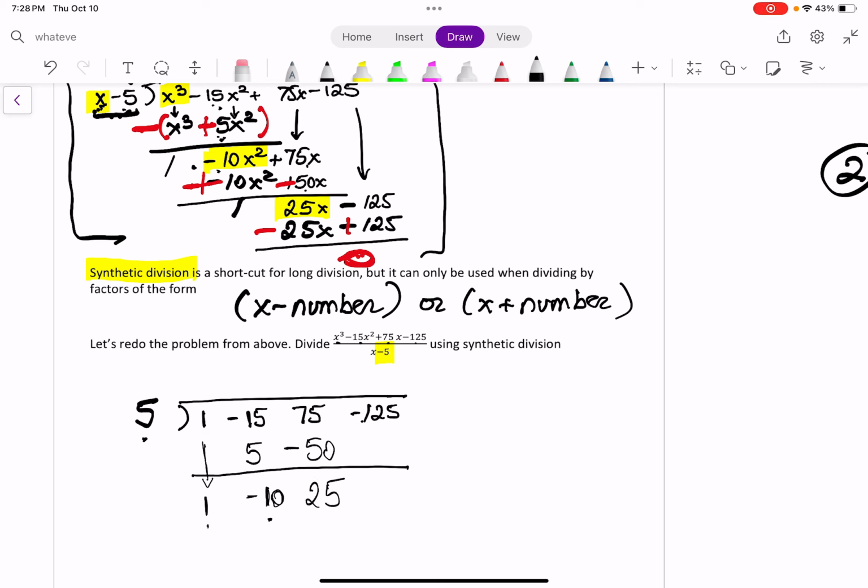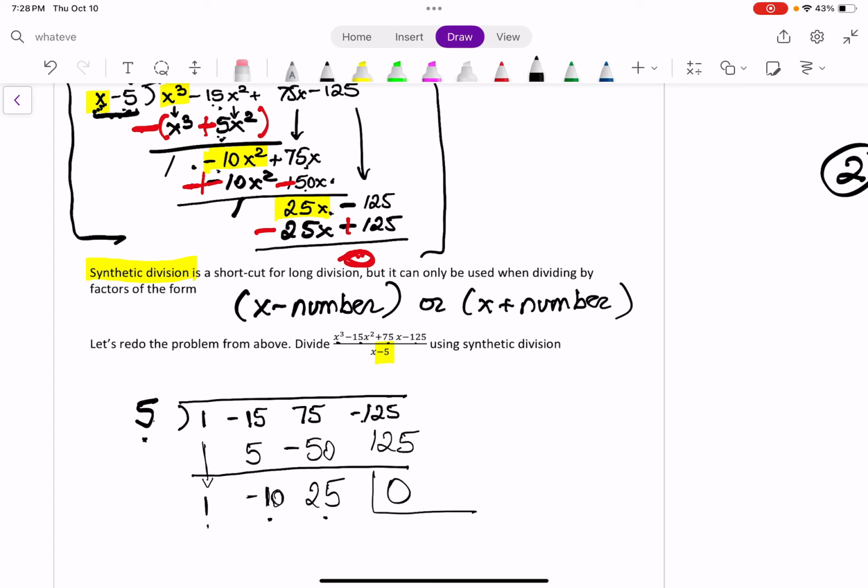So again, I want you to see how I had a positive 75 minus 50, giving me 25. Yeah, so I don't have to switch the signs. It's already coming with the correct signs now because we switched the negative 5 to 5. And then finally, again, take 25, multiply it by 5, and you get 125. Add them up, you get a 0.